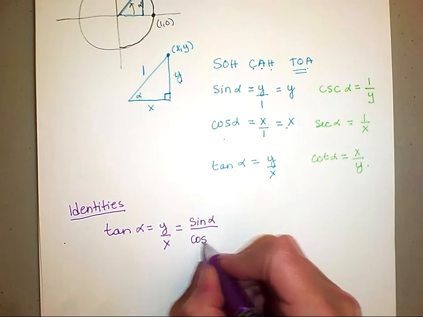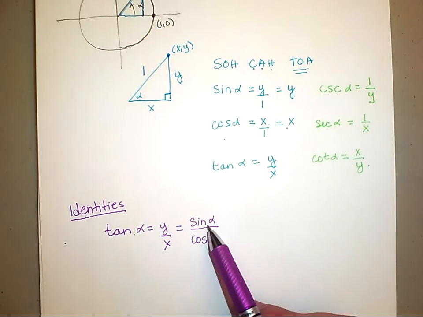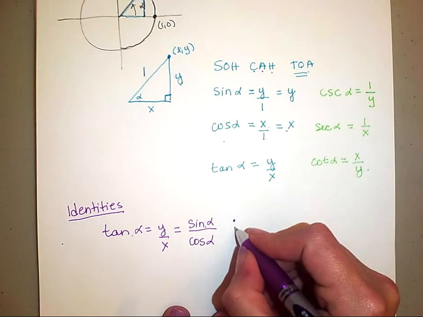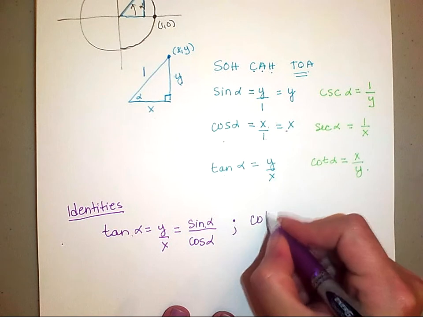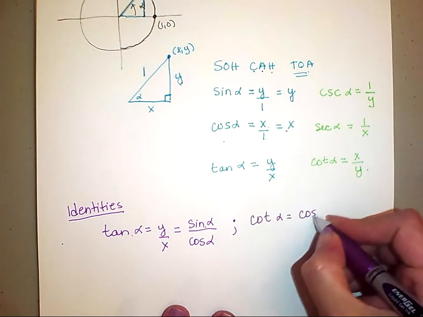So we could always write the tangent of alpha as the sine of alpha over the cosine of alpha. Similarly, the cotangent of alpha could be written as the cosine of alpha over the sine of alpha.